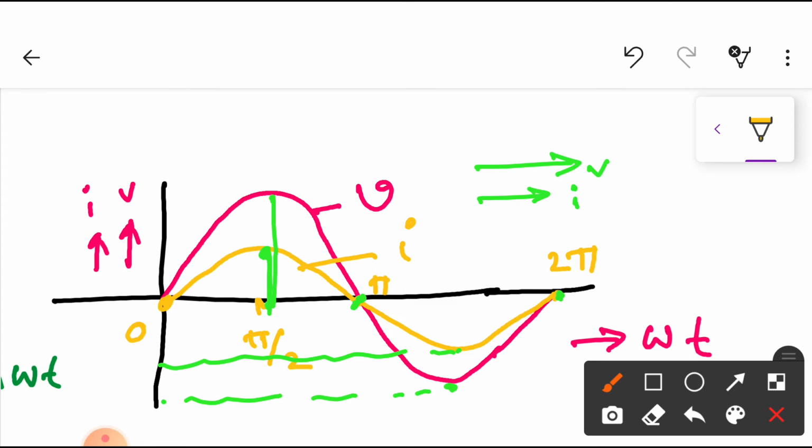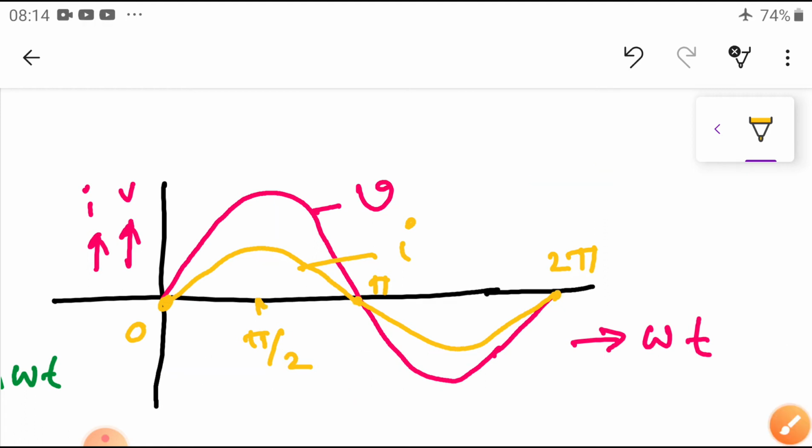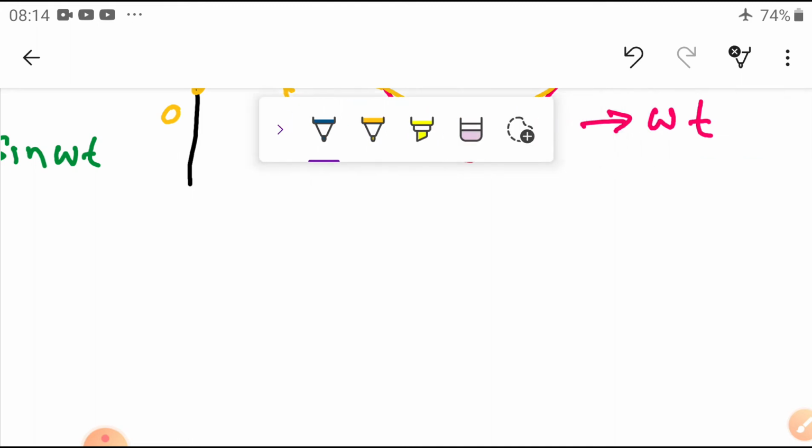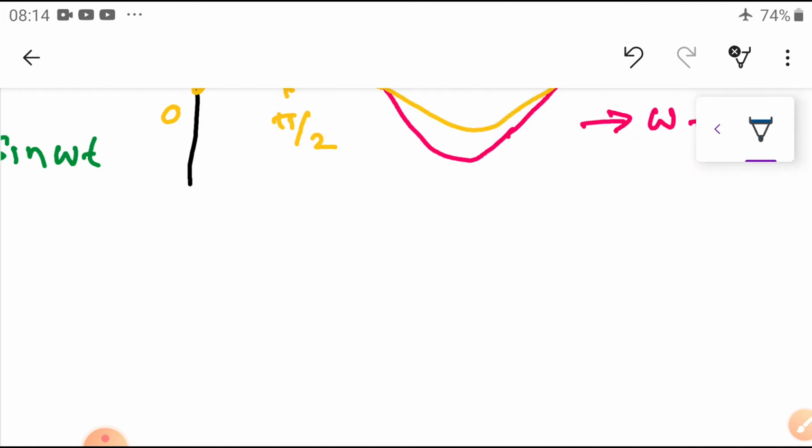Now I want to know the relation. What is the current value at that condition? So here the mother is the happiest. Then I want to know what the relation is at that condition. So I can write it here: v is equal to Vm sine omega t.